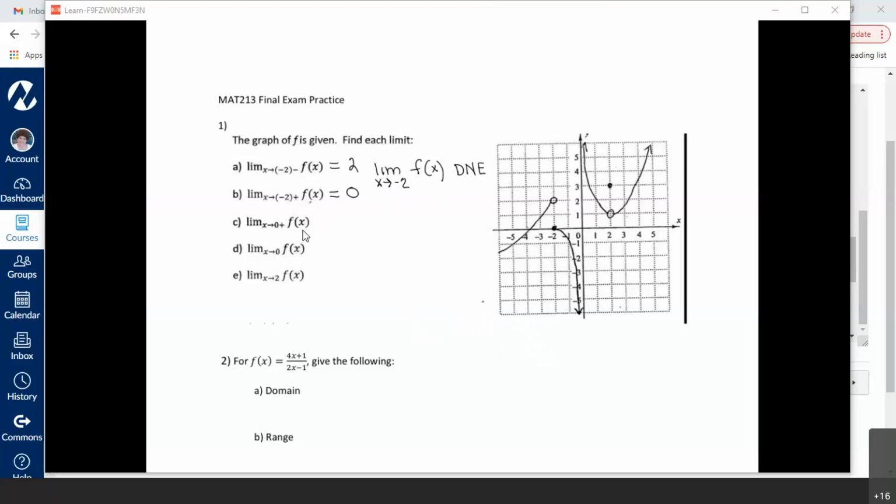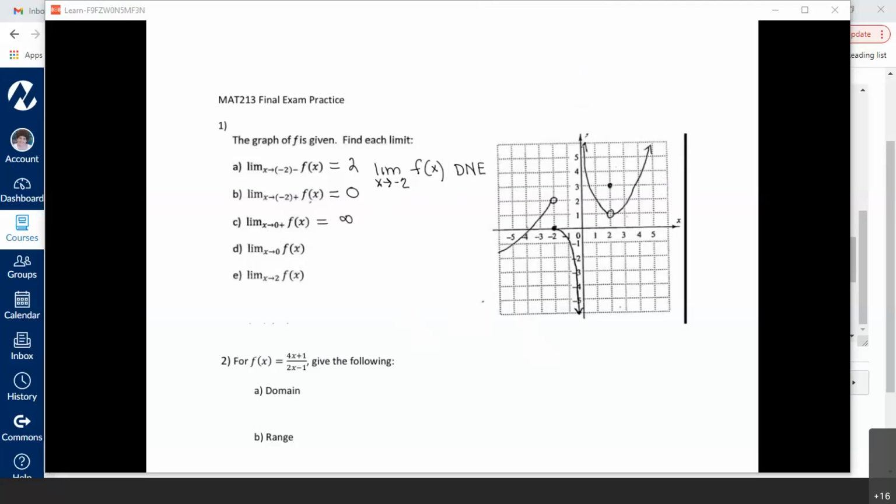Now let's look at approaching x equals 0. This says, what is the limit of f of x as I approach x equals 0 from the right? That's here. I'm getting closer and closer to x equals 0, but I'm never going to reach it because this goes up forever. So I would say this is infinite.